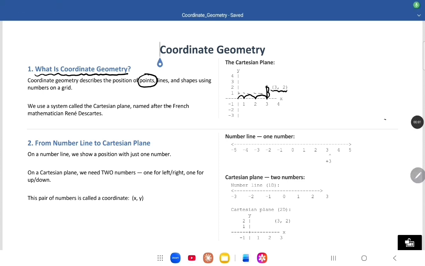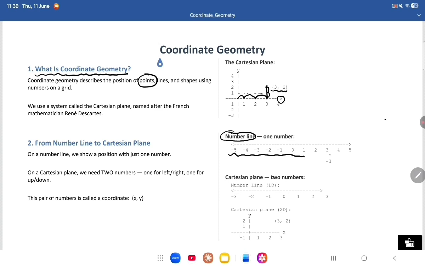And then when you think about the number line, obviously there are some negative numbers, and on a Cartesian plane we use direction. If you go to the right side, then it means positive, as for x, this horizontal line.